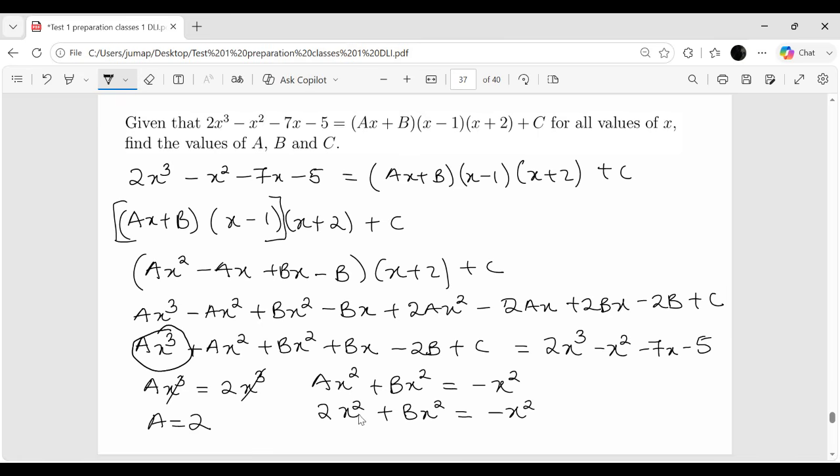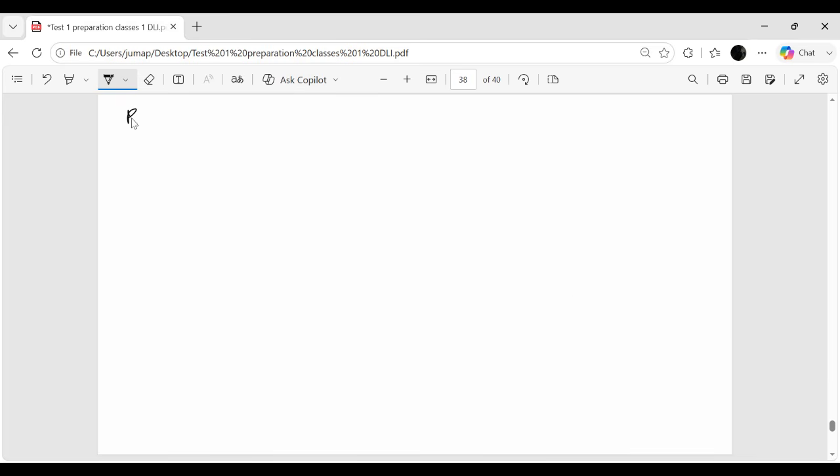Then this one will go to the other side. It's going to be bx squared is equal to negative x squared minus 2x squared. As a result, it is going to be bx squared is equal to negative 3x squared, isn't it? So that will give us the x, and the x will go, b will be equal to negative 3.